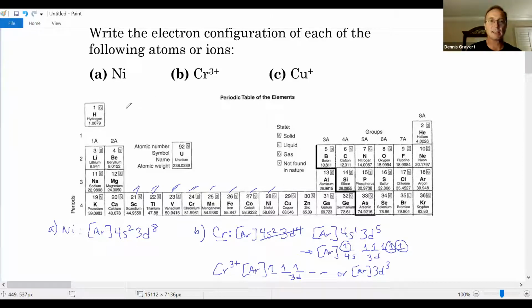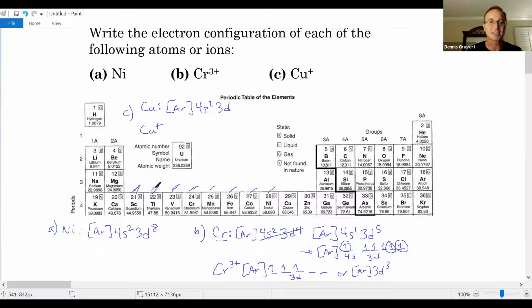Let's do copper. First do the neutral atom before we go to the cation. It's argon. And then the way I would figure it out, I know it's an exception, but my brain is just like, okay, what's the normal way of doing it? 4s2. And then the 3d, well, how far do you get to copper?